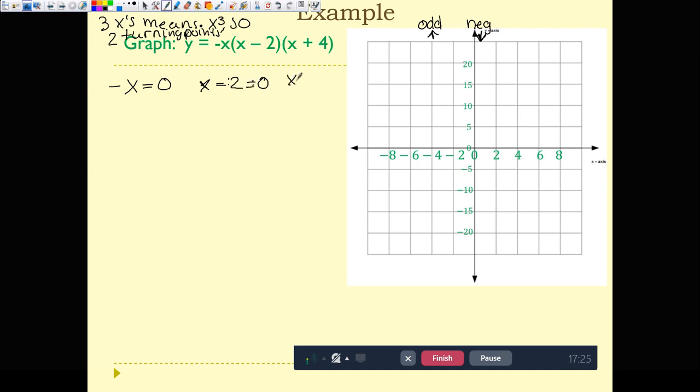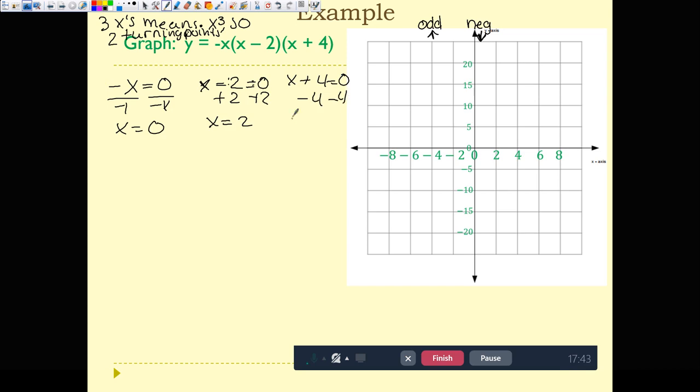So then I'm going to solve for my x's. So that's going to be divide by -1. So my x is going to equal 0. Add 2. X is going to equal 2. Subtract 4. X is going to equal -4.